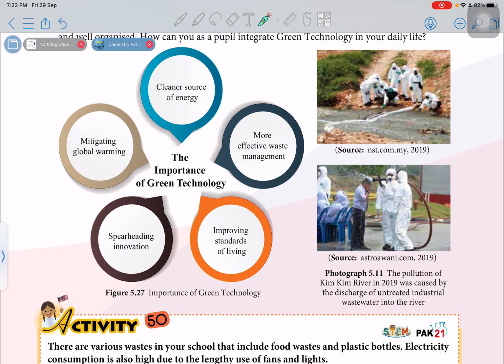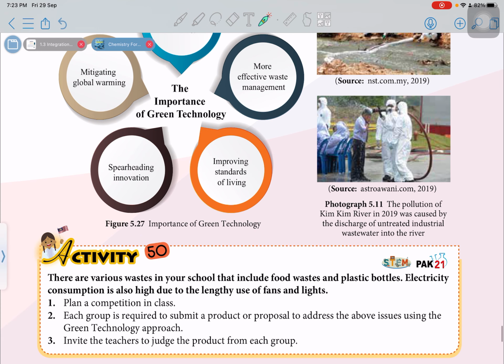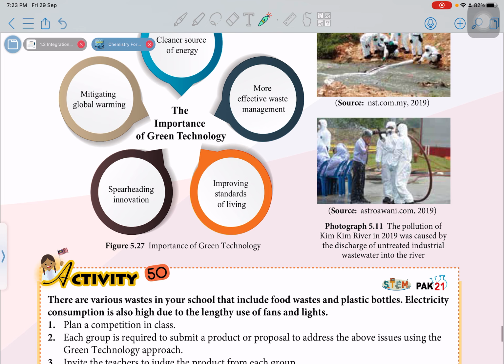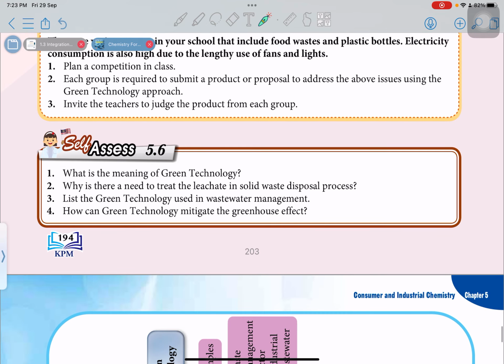So terang-terang lah apa function green technology sebenarnya ni, to have a cleaner source of energy. And then we can relate it. When we have the cleaner source of energy, it will improve standards of living. So it's relatable. So we need to think like that. Okay guys, so that's the end of chapter 5.